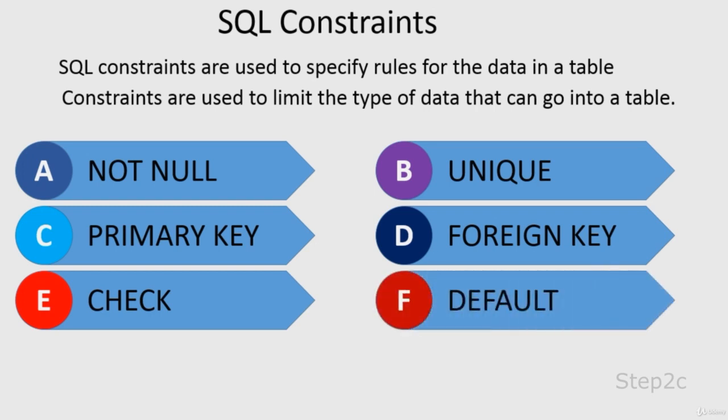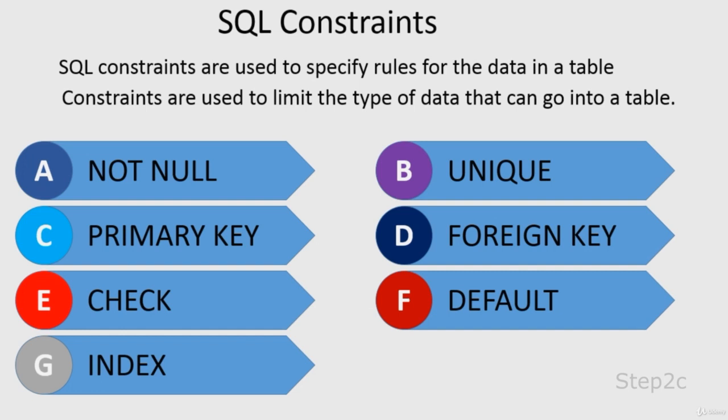If you are not specifying any value at the time of insertion, the default value will be inserted for the record. Similarly, we have index, which we can use to make data retrieval faster. This is an advanced section that we will explain in another module. So let's start our first constraint called not null.